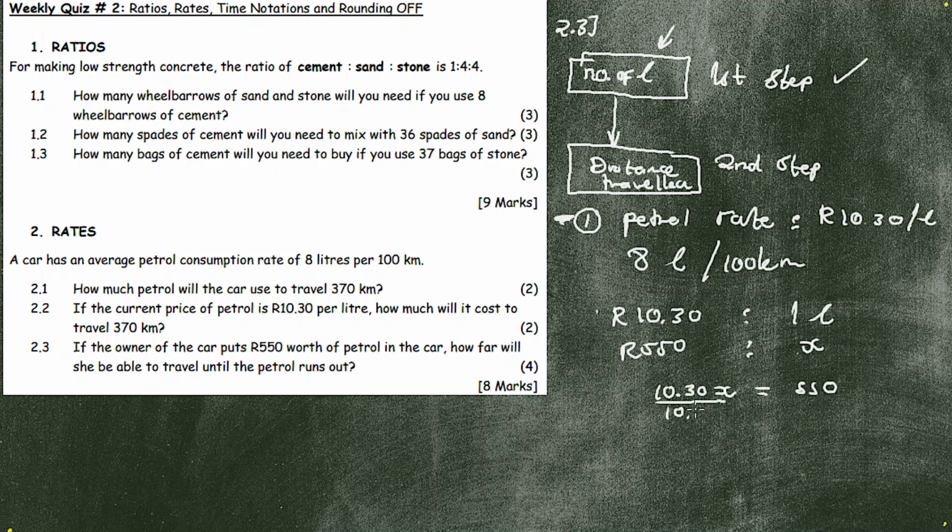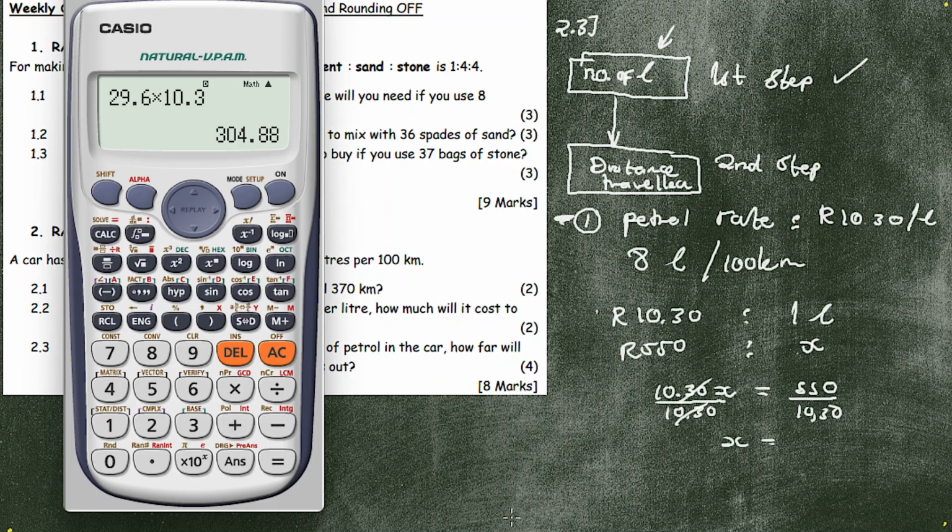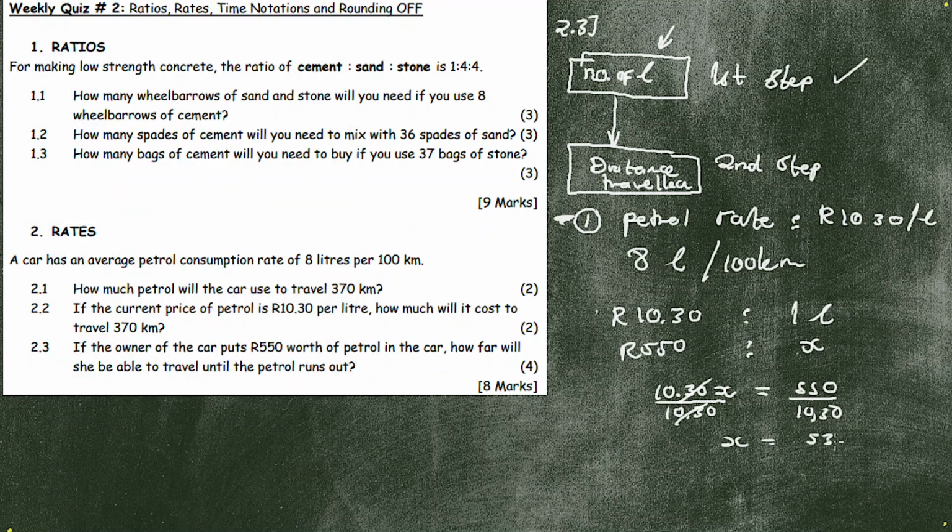Divide both sides by 10.30. 10.30 cancels, x is equal to 550 divided by 10.30, answer 53.40. 53.40 liters. So this is the amount of liters she will be able to buy with R550.